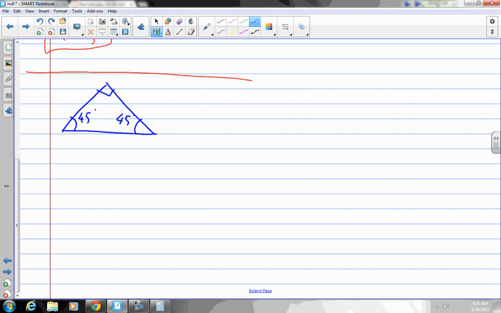So to make my life simpler, I'm just going to label this side as 1 and that side as 1, because it's an isosceles triangle, so these two sides have to be equal. So the only side that I need to find is this side right there. Is there an easy way to do that? How would we do that?